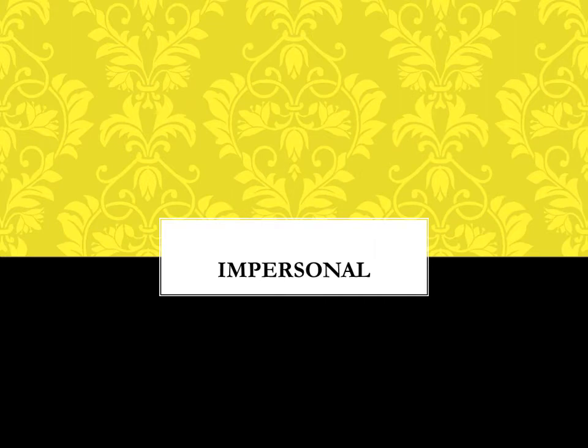Let's have a look at impersonal objects now. So where the object is a thing or a group of things. So again, here it can be a pronoun or a noun. Pronouns we are not going to cover in great detail in this lesson because we have already covered the majority of them in pointers.